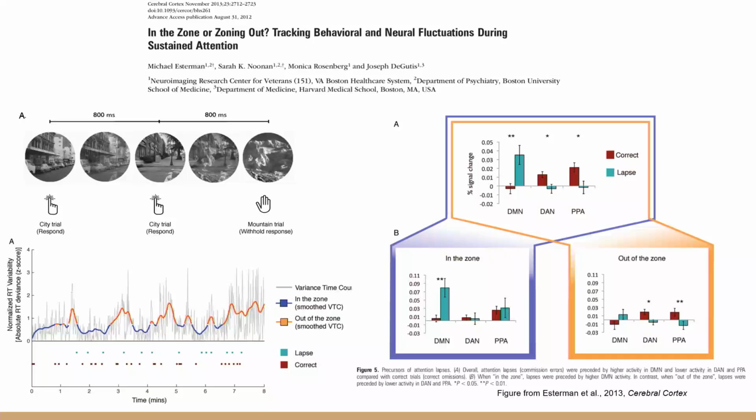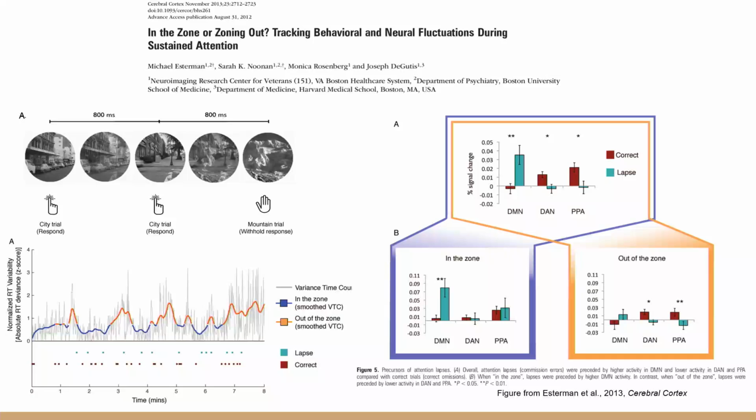Using this paradigm, they were able to show that the errors were preceded by an overactivation in the regions of the default mode network, the DMN, but also by a deactivation of the dorsal attentional network and the PPA, which are known to be task-positive regions for this kind of task.